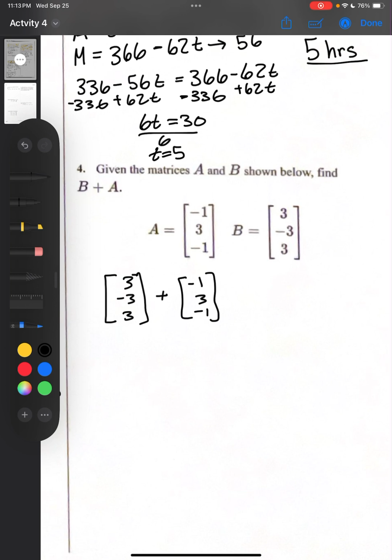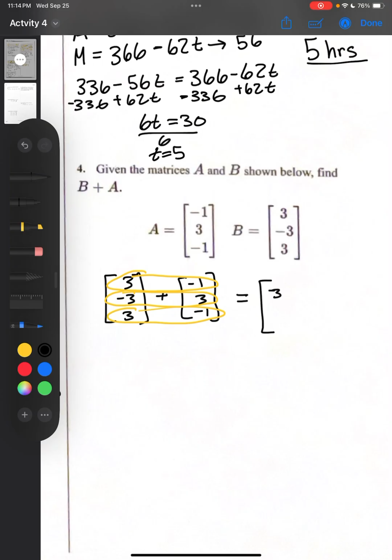Now, when you're adding matrices, you are adding the rows together. So I'm going to do this. You're going to do the 3 plus negative 1, the negative 3 and 3, and the 3 and negative 1. So I can even write that step for you guys, just so you can see that too.